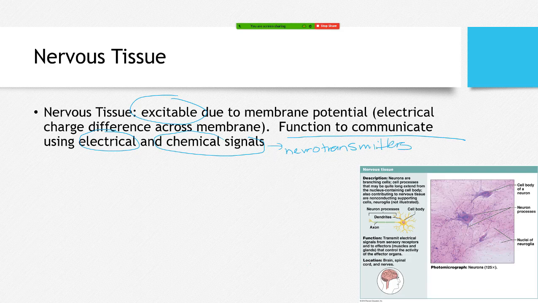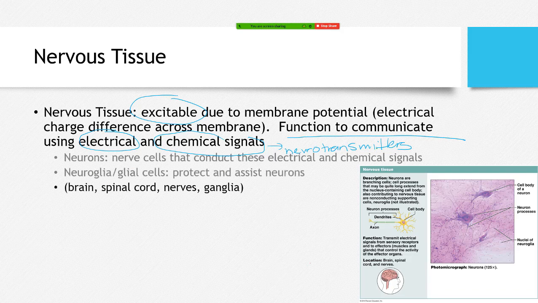Where will we find nervous tissue? We'll find it in the brain, the spinal cord, the nerves, and also this structure called the ganglia. We'll talk about these ganglia later, but these are cell bodies within the PNS, the peripheral nervous system. We'll get to that.